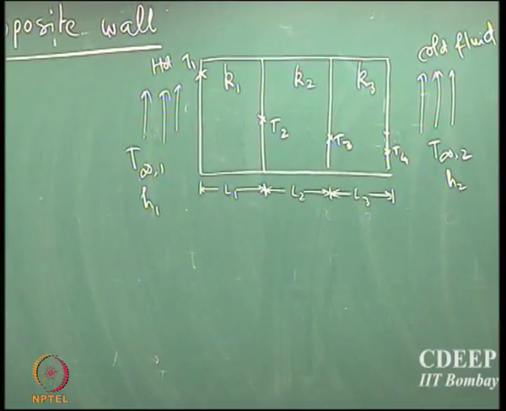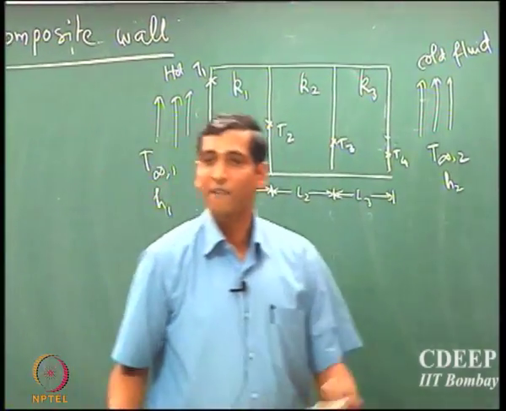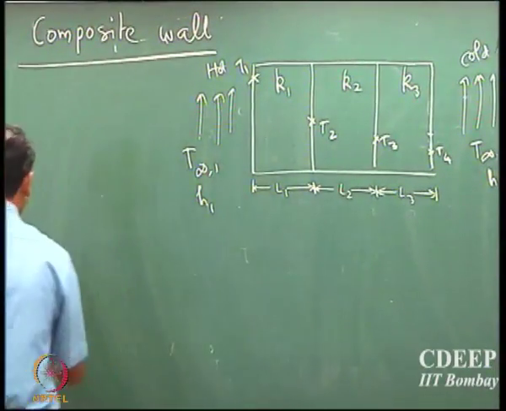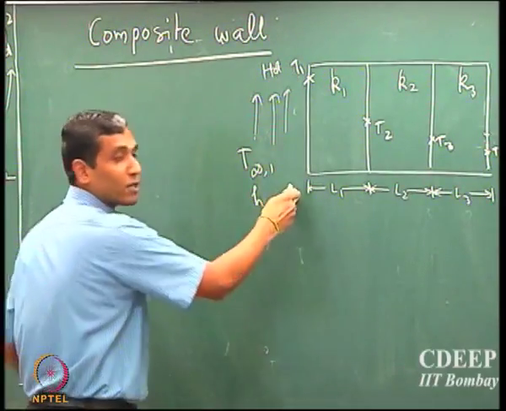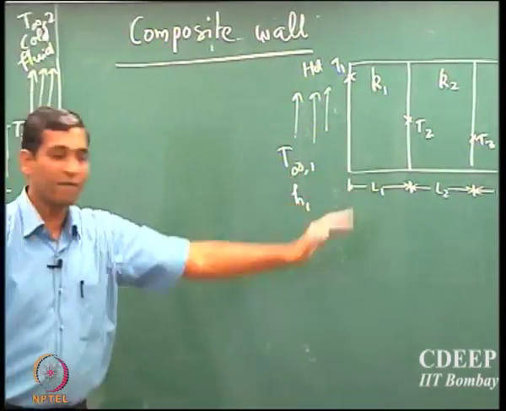How many resistances are there? How many? 5, right? So we have 5 resistances. The first one is the resistance offered for transport of energy from the hot fluid to the first slab.